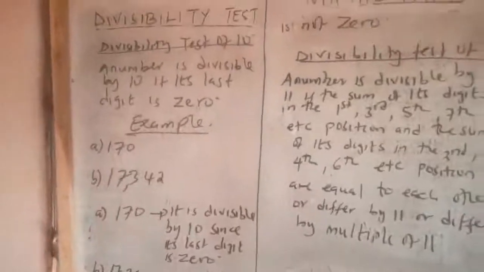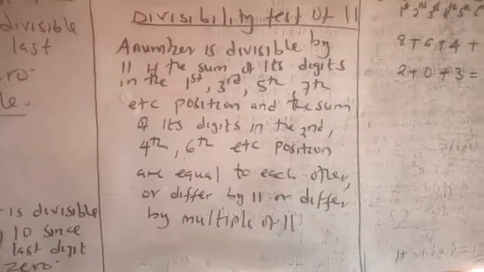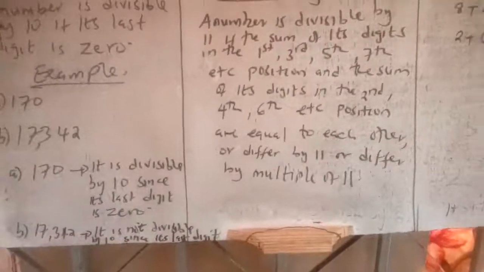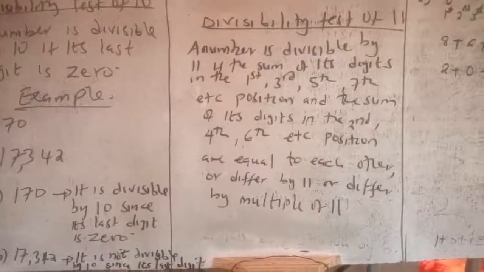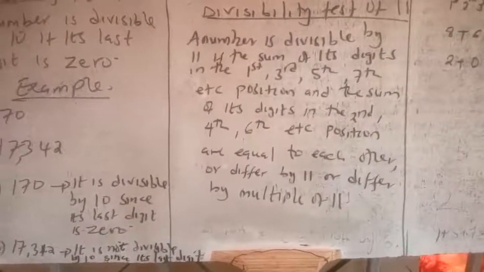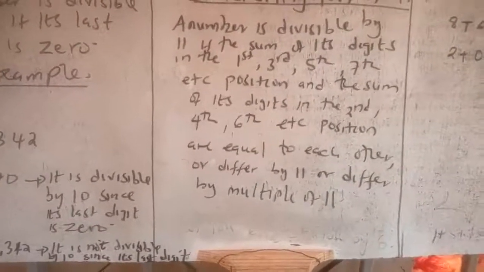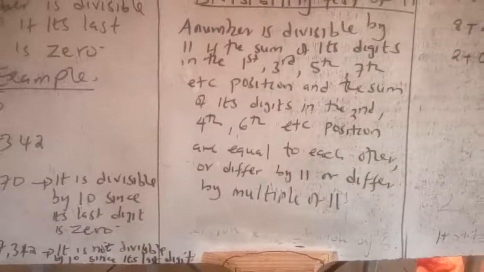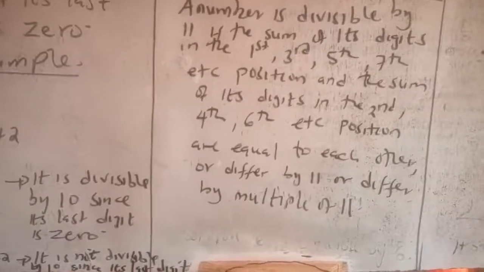When we come to the divisibility test of 11, you are supposed to reason this way. A number is divisible by 11 if the sum of its digits in the first, third, fifth, seventh, etc. positions and the sum of its digits in the second, fourth, sixth, etc. positions are equal to each other, or differ by 11 or a multiple of 11.